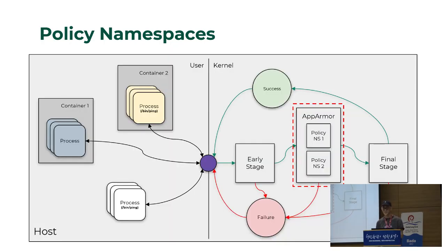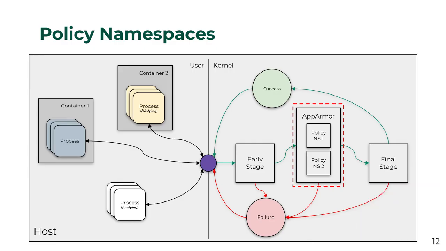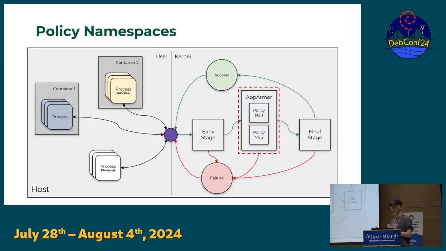Let's look at the diagram again. It's almost the same image as we saw before, but now AppArmor has its own policy namespace, as shown on the screen, with namespace 1 and 2 in each area with the red box.